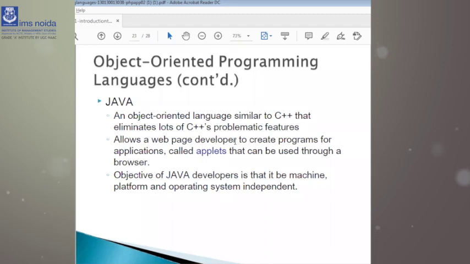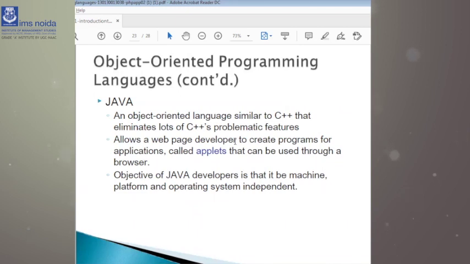Okay? Lots of features like encapsulation and more allow a web page developer to create programs for applications called applets, where you can use the application programming interface.